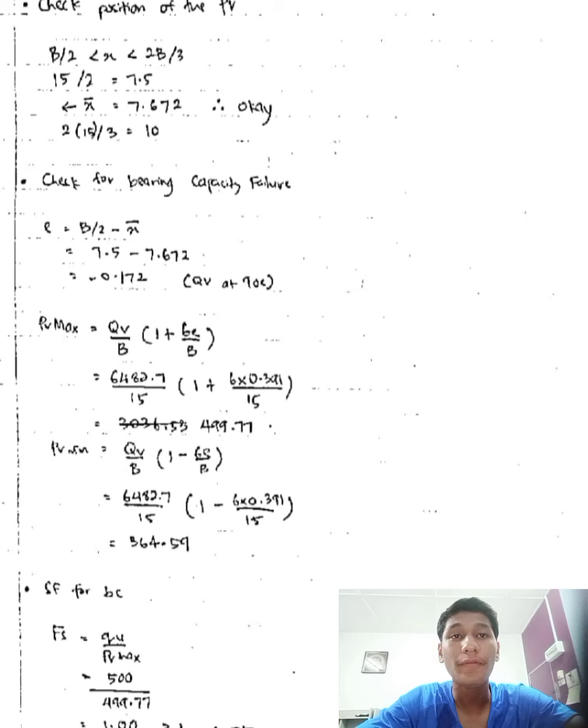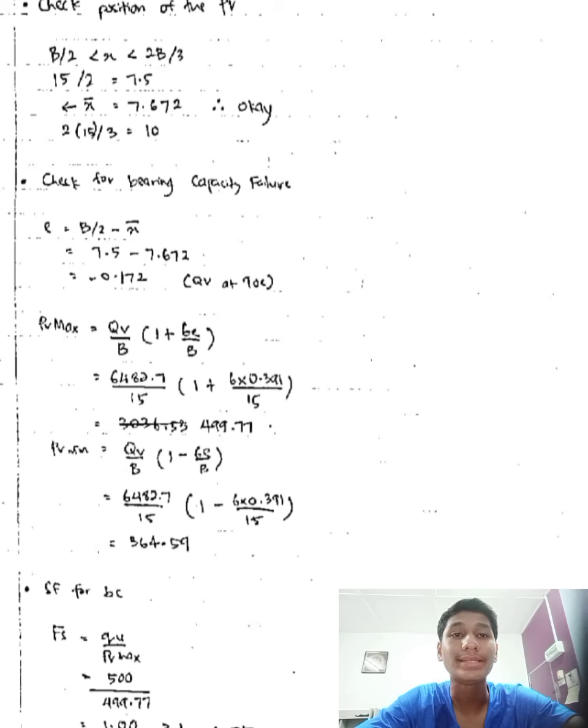For PV minimum, QV per B bracket 1 minus 6E per B. And 6482.7 per 15 bracket 1 negative 6 times 0.391 per 15.